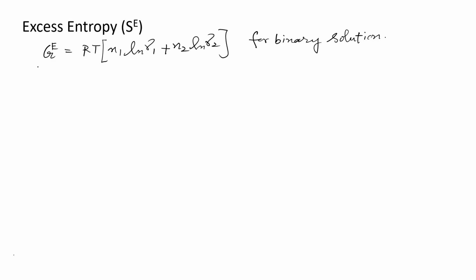Okay. Now we know that dG is equal to VdP minus SdT. So what we can write?